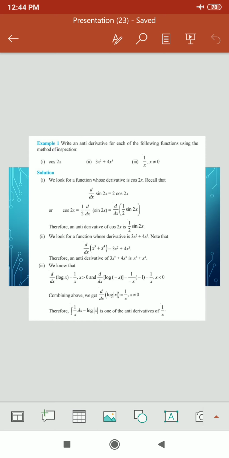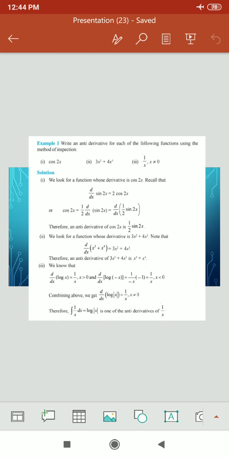Or cos 2x is equal to 1 by 2 d by dx of sine 2x, which is equal to d by dx of 1 by 2 sine 2x. That means the derivative of 1 by 2 sine 2x is cos of 2x. ठीक है ना, therefore antiderivative of cos of 2x is 1 by 2 sine 2x. ठीक है, or we can say sin 2x by 2 plus c.